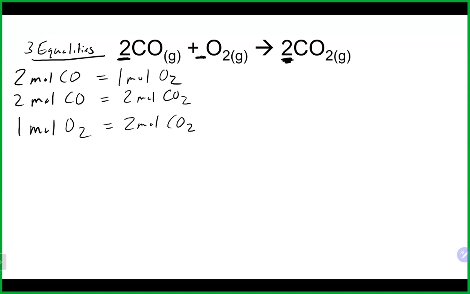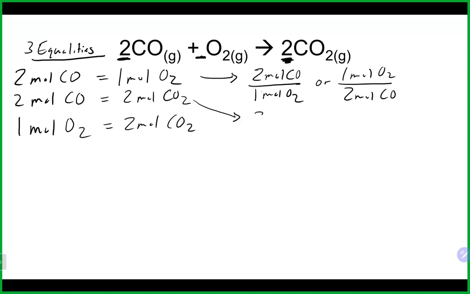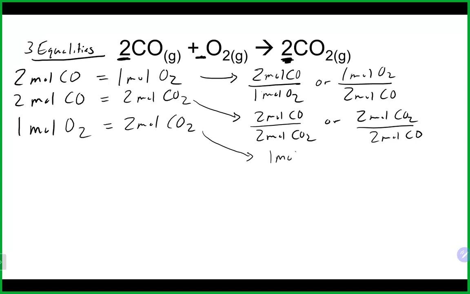So for each of these equalities, we could write 2 conversion factors. 2 moles of CO over 1 mole of O2, and all we're doing is making a fraction and then flipping it: 1 mole of O2 over 2 moles of CO. From the next relationship, we get 2 moles of CO over 2 moles of CO2, or 2 moles of CO2 over 2 moles of CO. And lastly, 1 mole of O2 over 2 moles of CO2, or 2 moles of CO2 over 1 mole of O2.